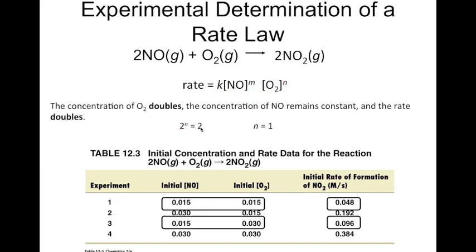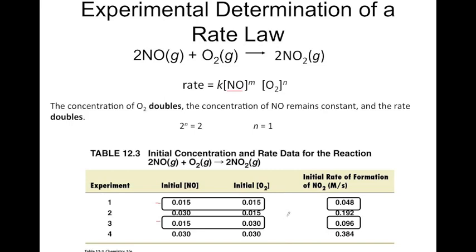So now I want to determine the order of the reaction for O2. I do a very similar process. I look at my data and I pick any two reactions where the concentration of NO is held constant and the concentration of O2 is changed. So I'm going to pick experiment 1 and experiment 3 because the concentration of NO is constant in those two, and the concentration of O2, in this case, doubles.